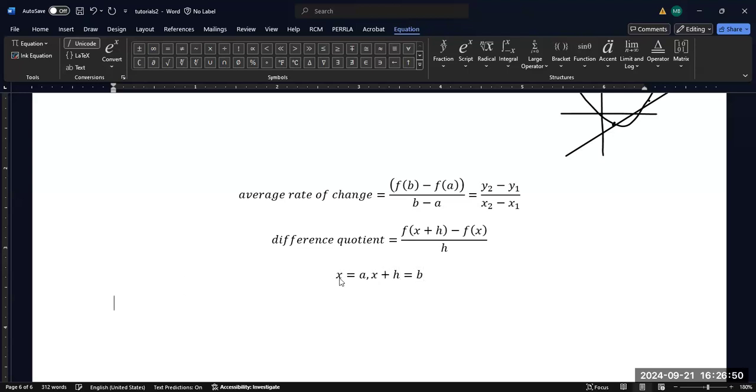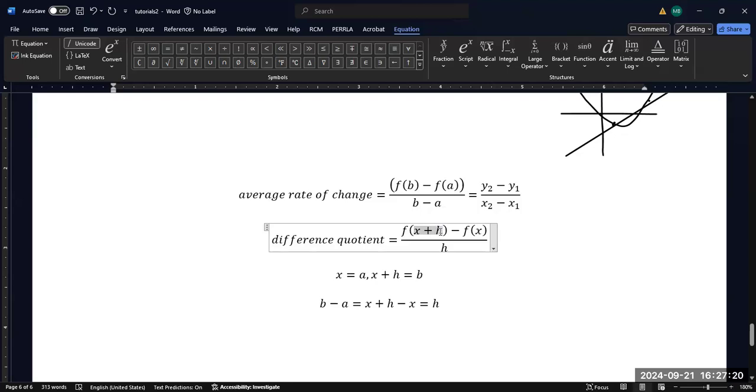So what that amounts to is if I take b minus a, I'm taking x plus h minus x, which is h. So this denominator for our difference quotient is just the difference between our 2 points. They're separated by a certain distance, h. And when you subtract them from each other, all that's left is that distance between the 2 points.